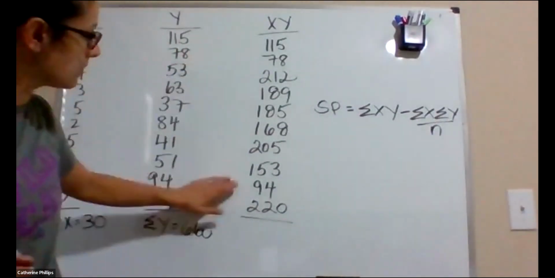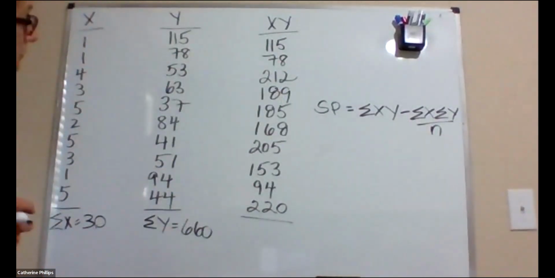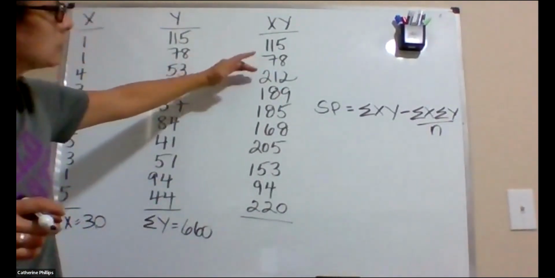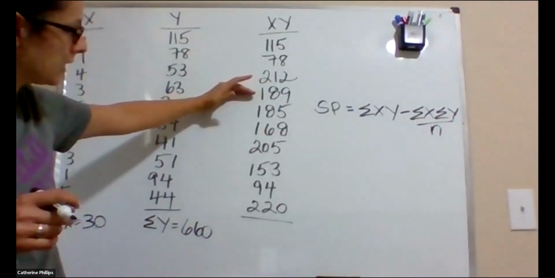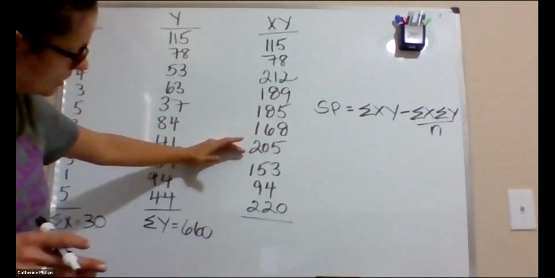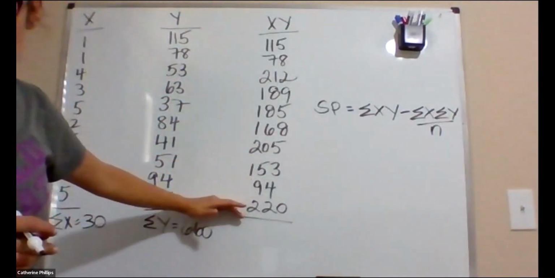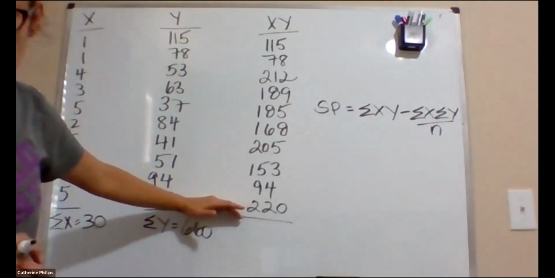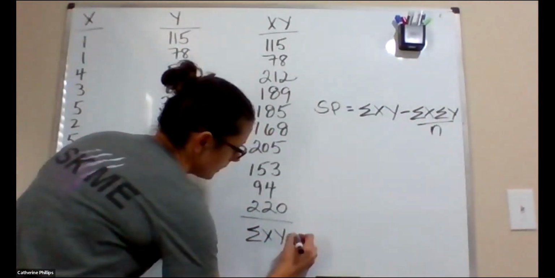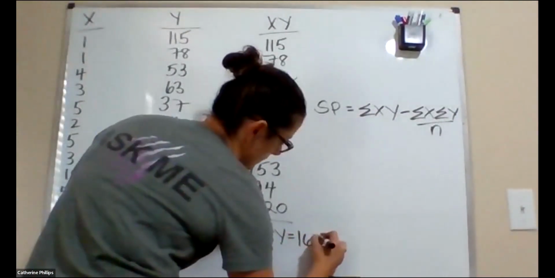So this column here, where we multiplied the X times the Y, and then we need to add them all up. So 115 plus 78 plus 212 plus 189 plus 185 plus 168 plus 205 plus 153 plus 94 plus 220. We add all of those up, and so the sum of XY is 1,619.